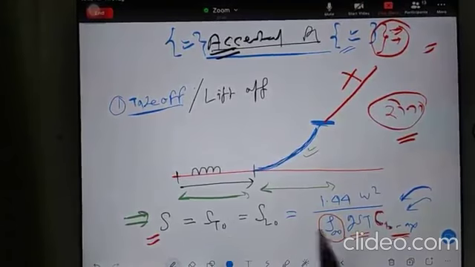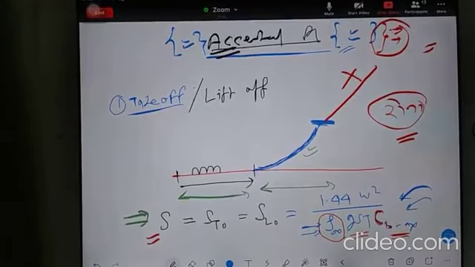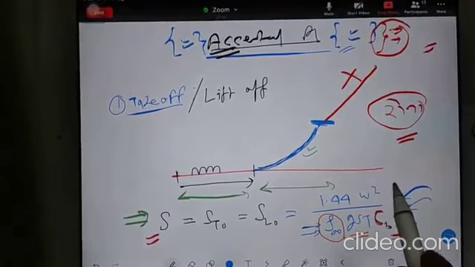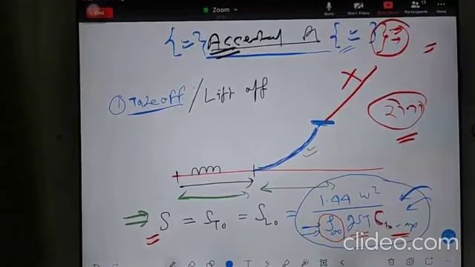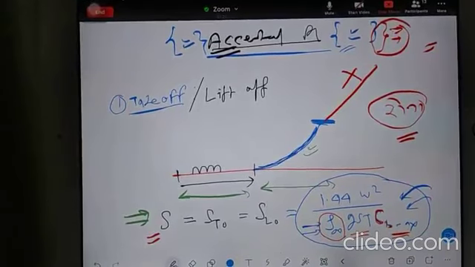I mean theory, which directly depends on the density. Or they can ask, if your wing loading is high, if your span loading is high, if your thrust to weight ratio is high, in that case what will be your takeoff distance? So the same formula we have to arrange for all the important terms.